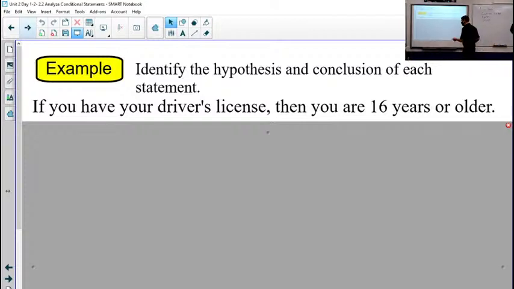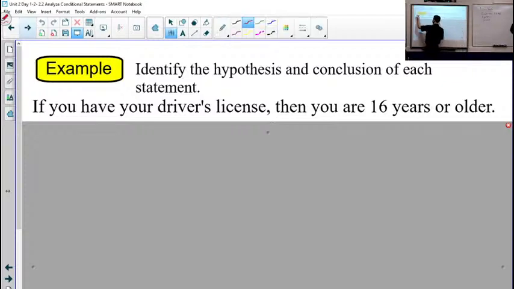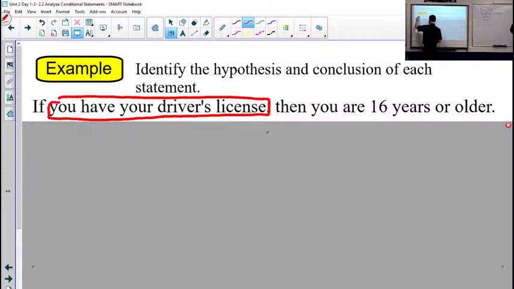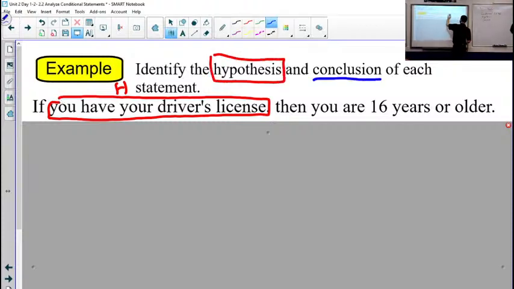So the condition that I am telling you about the person is that they have the driver's license. So this is my hypothesis. I'm going to put the hypothesis in a box like this in red, and I'm going to underline the conclusion here in blue. That's the structure that I'm going to have.